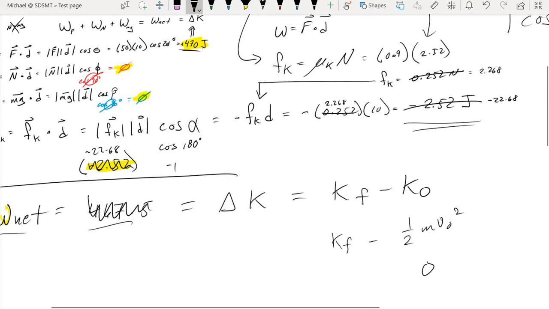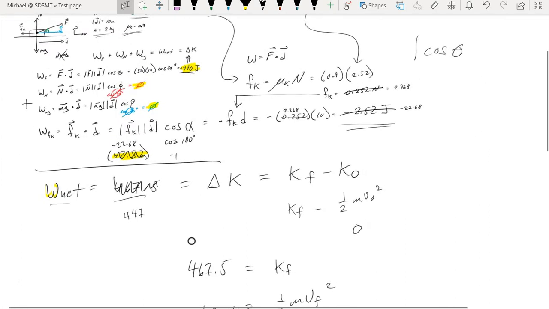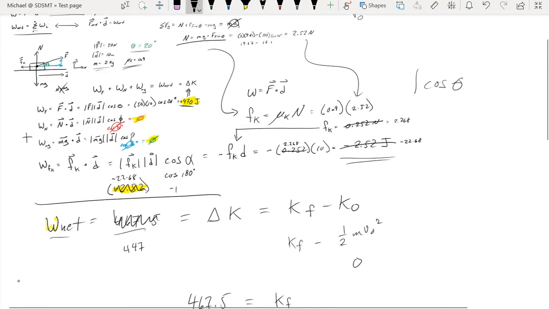Take the difference in that with the work done by the applied force. Whoops, I got my sign notation wrong here. Redo that. Now we get a net force of about 447. So we've placed this mass on a much rougher surface of 0.9 for the kinetic coefficient. That's causing work done in the amount of negative 22.6, etc. joules.